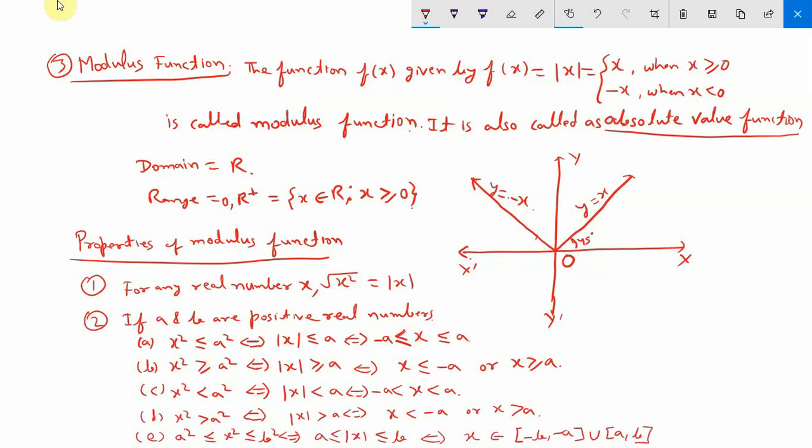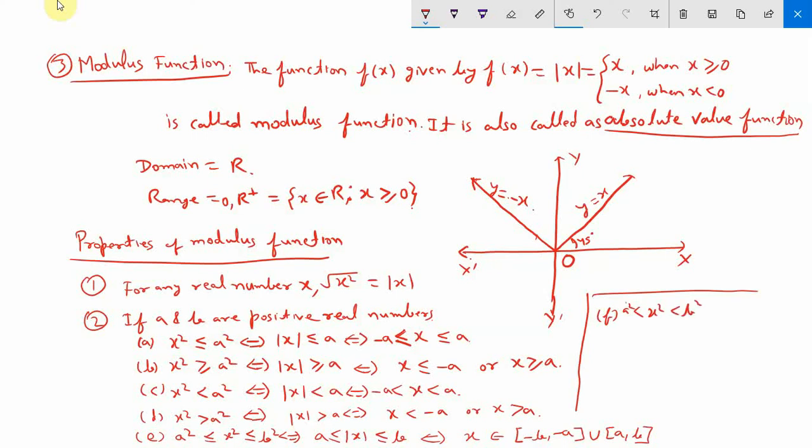So next property, f: x square is greater than a square and less than b square.